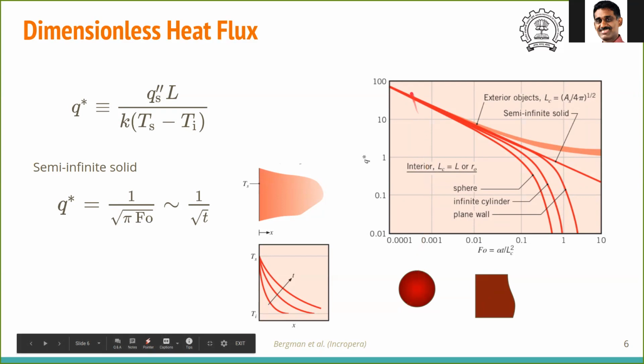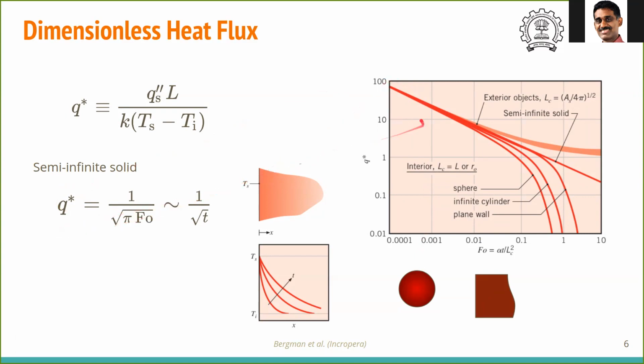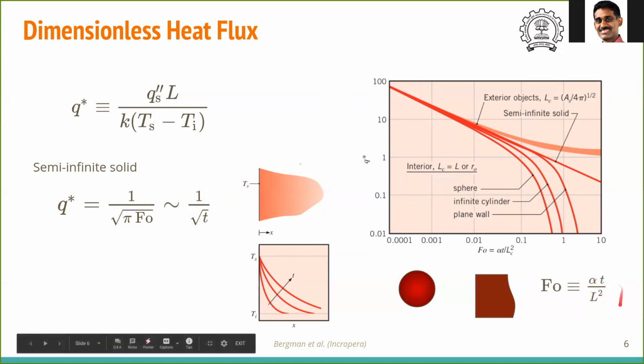So the dimensionless Q star goes as 1 over square root of t, or 1 over square root of Fourier number. Now notice that Fourier number is alpha t by L square. We saw that if it is order 1, then that is the time it takes for heat to completely diffuse.